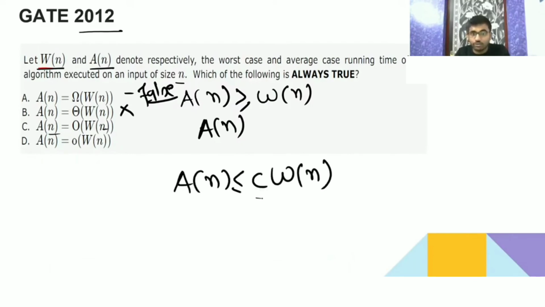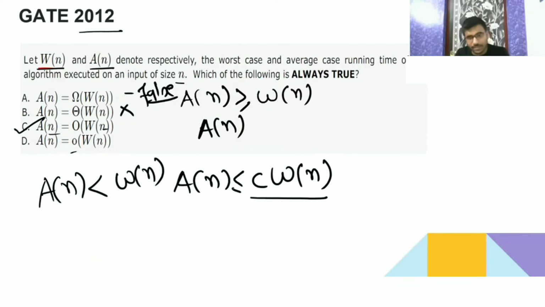Yeah, correct, it's true. Why? Because the worst case may be the biggest term or equal to it, that's why we call it the worst case. C is the correct one. And small o, you know that it means strictly smaller, so not always is it going to be only smaller, sometimes it is going to be equal also. Understood? C is the correct one.